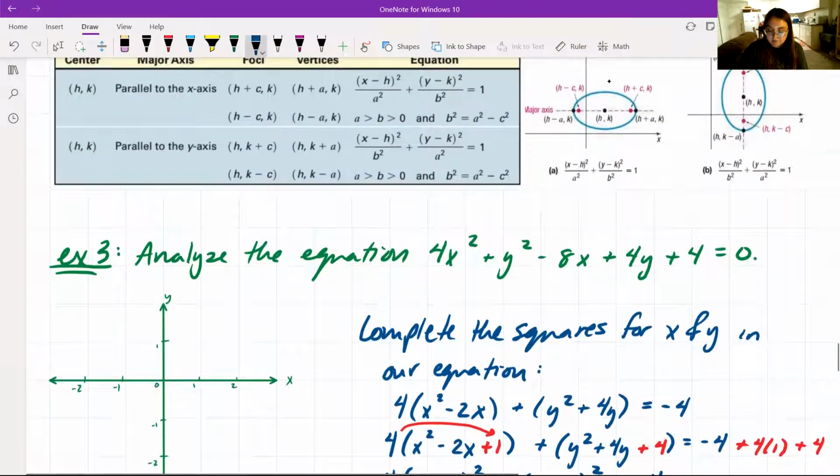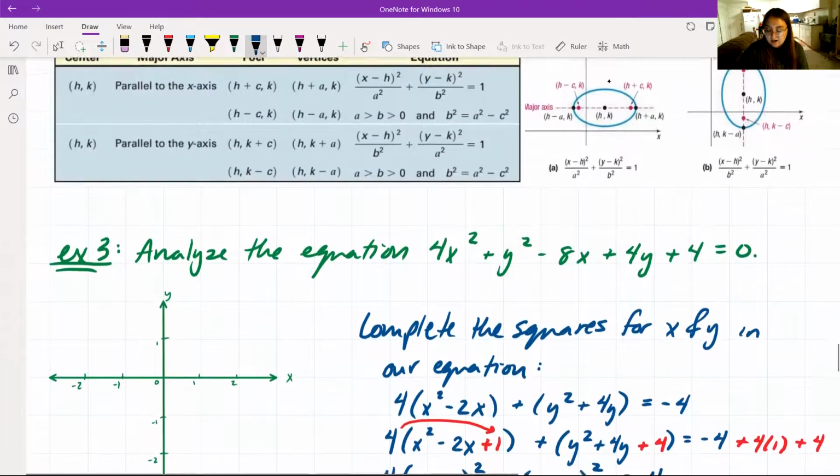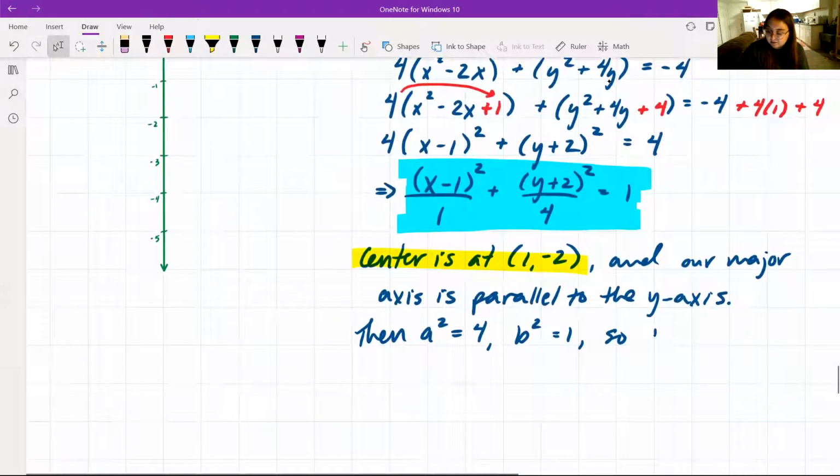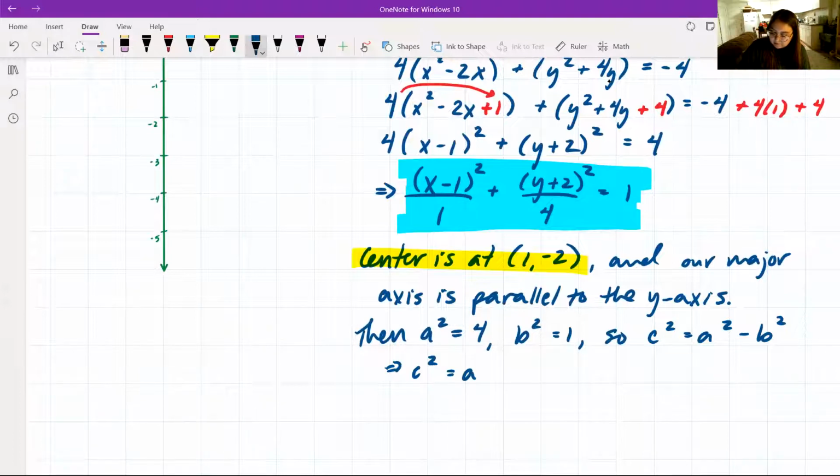So if we want to solve for c squared again, remember that c squared is equal to a squared minus b squared. So we get c squared is going to be equal to 4 minus 1, which is equal to 3. That also gives us c is going to be equal to the square root of 3.